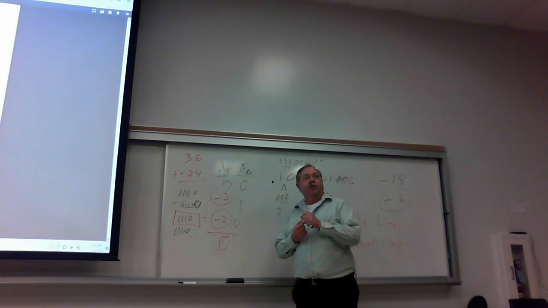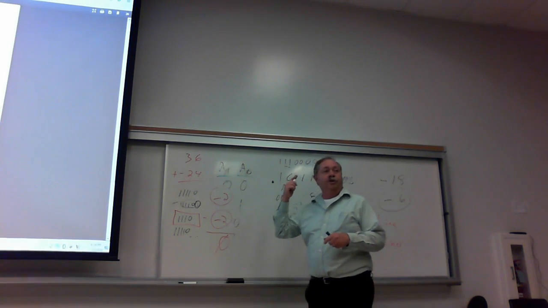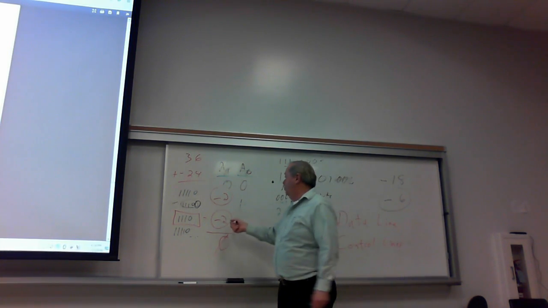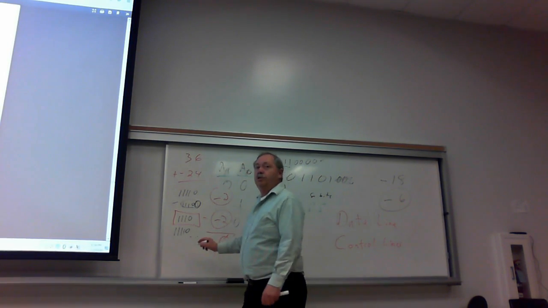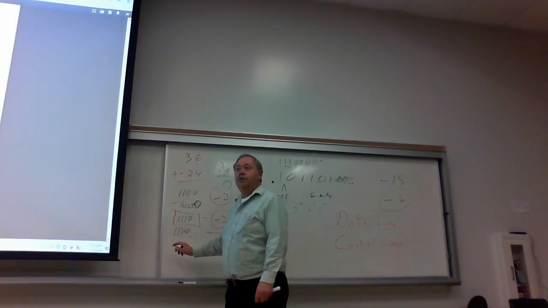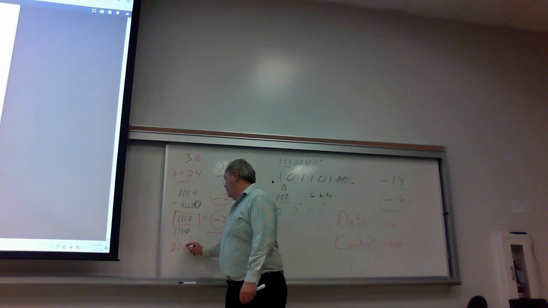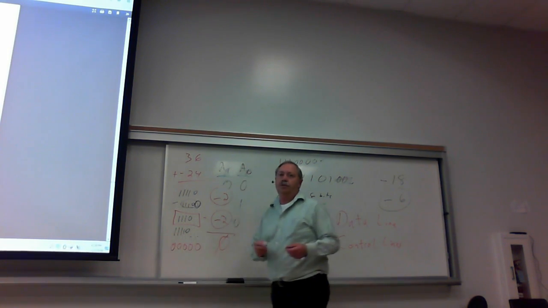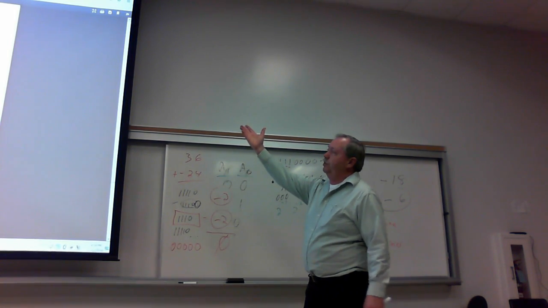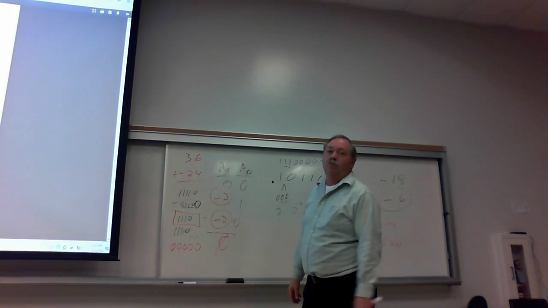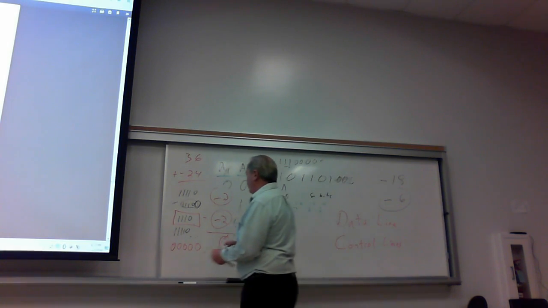And since this is 2's complement, we only have one representation of 0. So we know what the resultant bits should be. What should the resultant bits be? 0, 0, 0, 0, 0, five zeros. And we know the top one, which is already 5 bits, is 1, 1, 1, 1, 0, right?